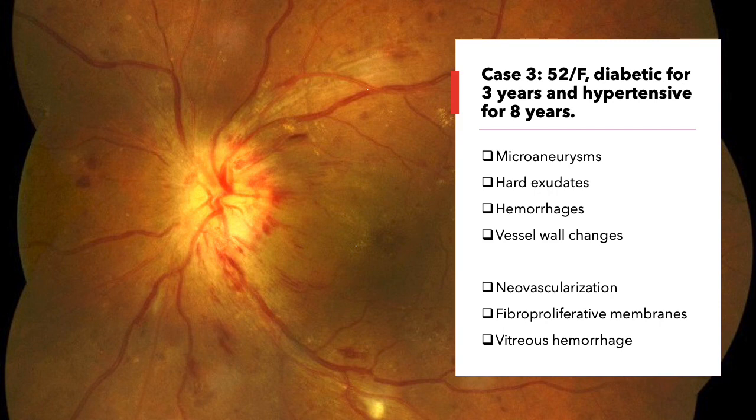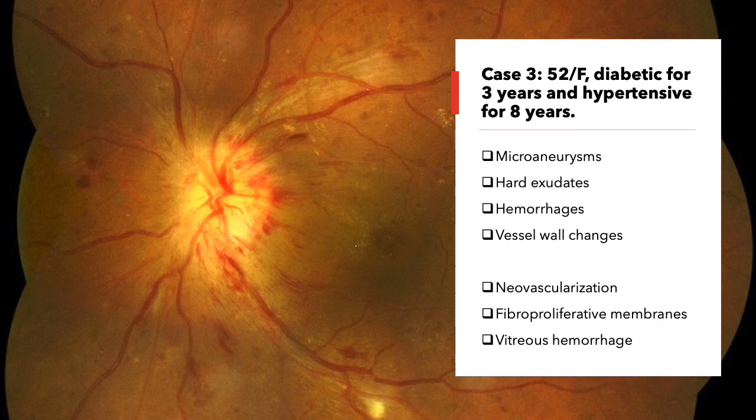There are surrounding flame-shaped hemorrhages. However, we also see the dot blot hemorrhages that we saw in diabetic retinopathy. But here there is a greater proliferation of flame-shaped hemorrhages.